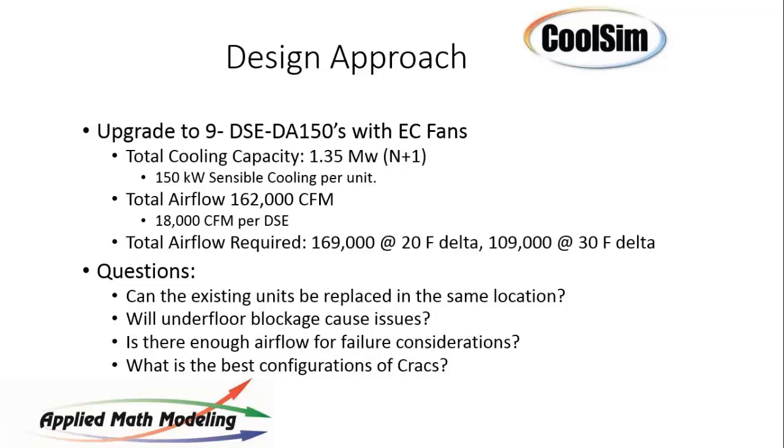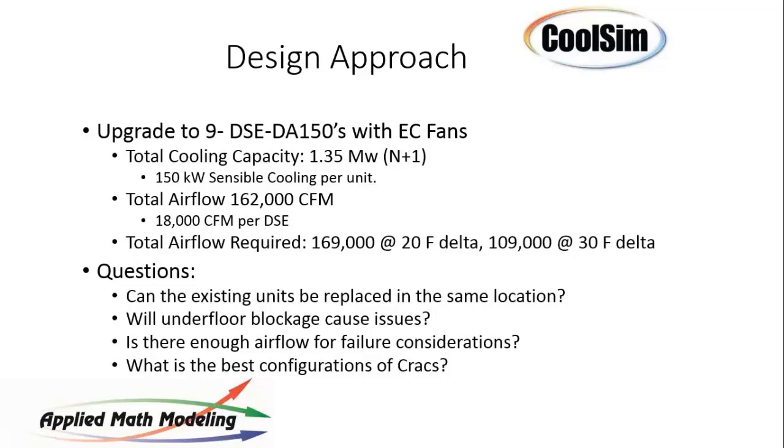They're 150 each. They actually will go higher than that based on higher return air temps, but their nominal capacity is 150. And if we go to a little over a megawatt, the total air required at an assumed 20 degree delta across the racks is almost 170,000. And you see our total airflow capacity is 162. So we'd be right on the edge if we were to go all the way to 1.07 megawatts.